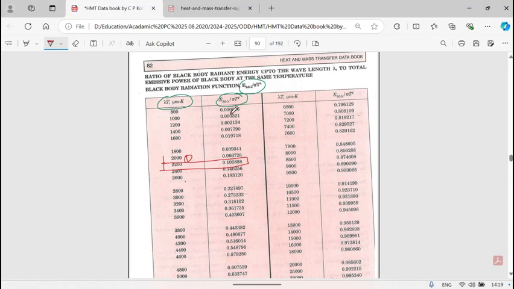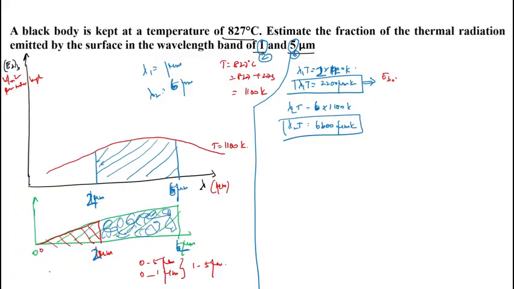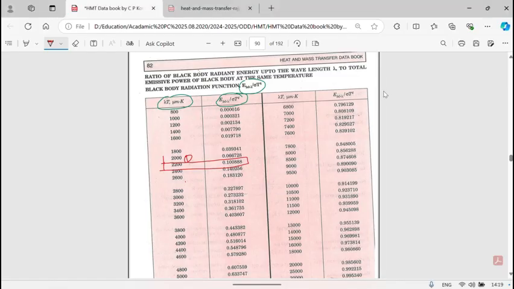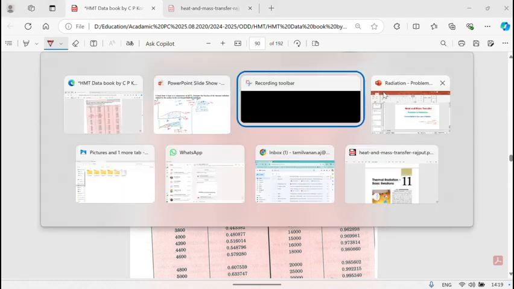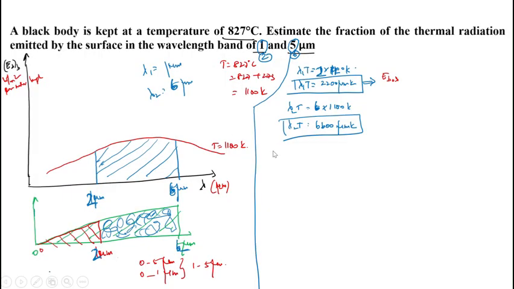EB0 lambda sigma divided by sigma T to the power of 4 is equal to 0.100888.